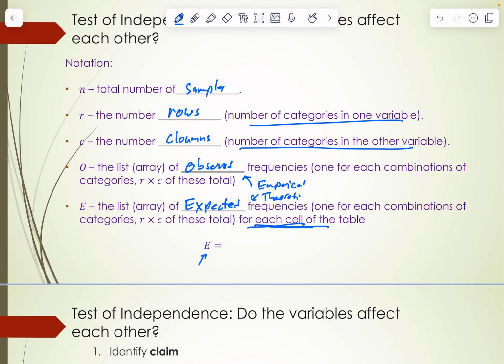Each cell is in its own row and its own column. So you take that row's total and multiply it by the column total for that cell, and then you divide by the grand total.